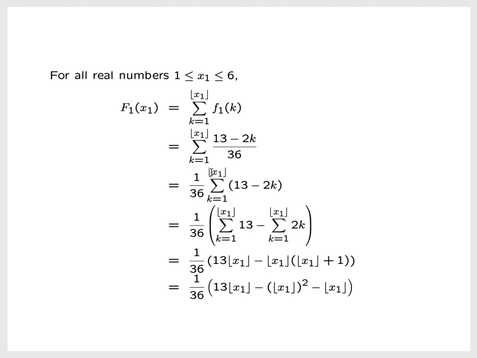Over that set of values, this marginal PMF evaluates to the expression 13 minus 2k all over 36. Now I can pull the 1 over 36 out front, and when you go through and do the calculation, then you see what we're getting here.